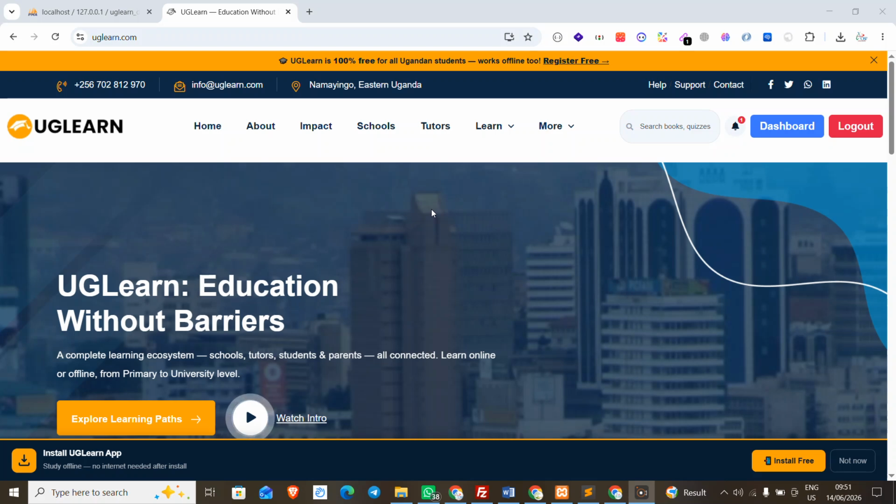For example, schools manage students, they handle finances, and they handle a lot of things in their own dashboard. The tutors also enroll their own students, or students can add themselves in UgLearn and then select a particular tutor to train them. Then the teachers are added by the administration, as well as the head teachers and so on.